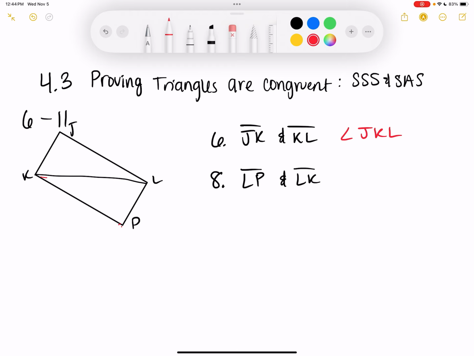So I have this side right here, and I have this side right here. The angle that's between them is this one right here. KLP. I heard L kept being said first, so the angle you're doing, but that letter has to be in the middle.